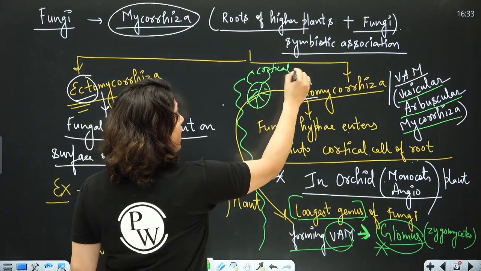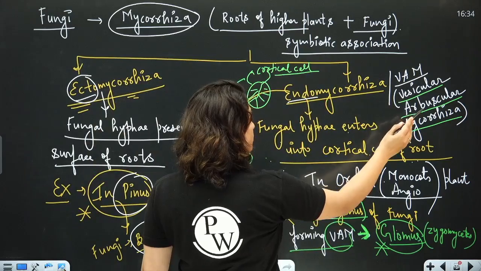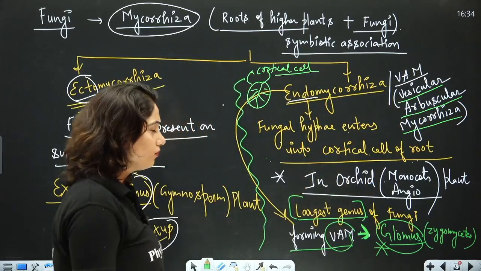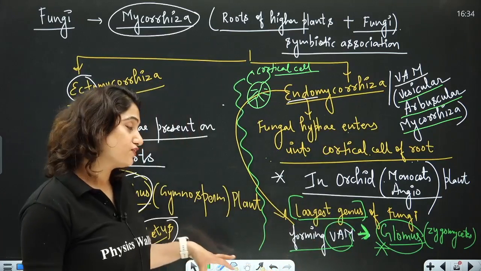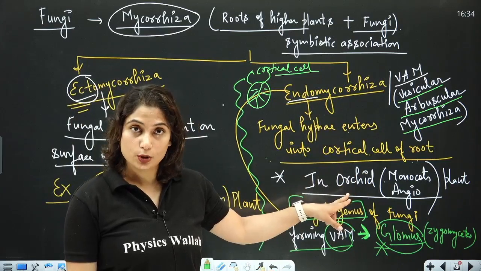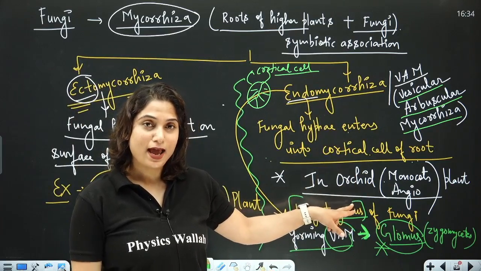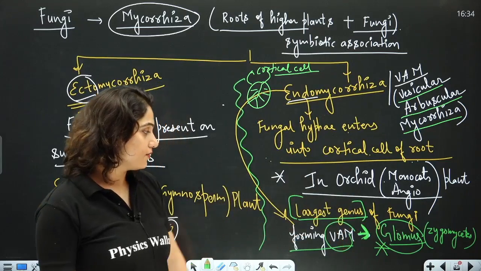That is why endomycorrhiza is also called vesicular arbuscular mycorrhiza. Okay? And this kind of mycorrhiza is found in monocots like orchids. Orchid is an angiospermic plant, and VAM, endomycorrhiza, is found in orchids.